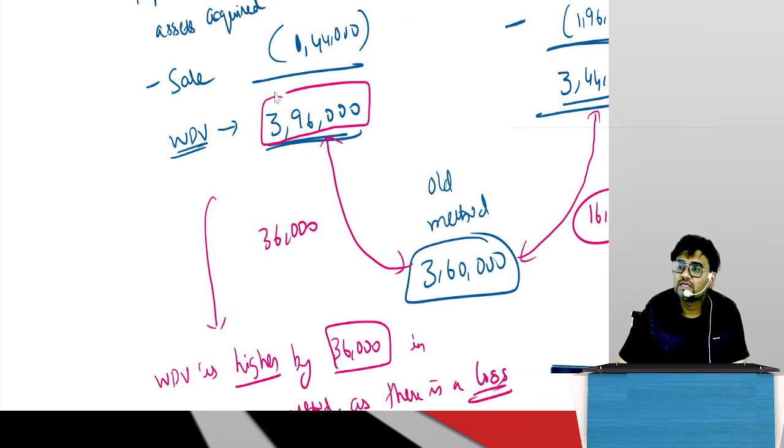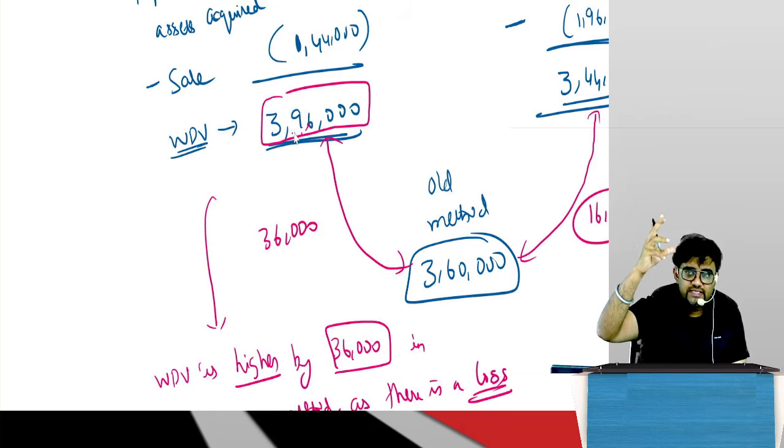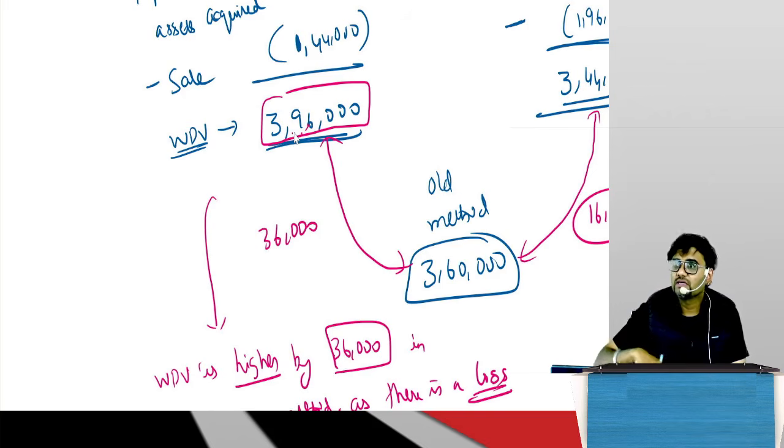Are you understanding the difference? In the single asset method, that same amount, 36,000, is debited to the P&L account. In this method, the WDV is increased by 36,000. 3,60,000 has become 3,96,000, and I will charge depreciation on 3,96,000, which means that extra 36,000 is added to the asset, and it keeps on getting depreciated over many years. That's the beauty of the block concept. In the single asset method, the asset is no longer there.